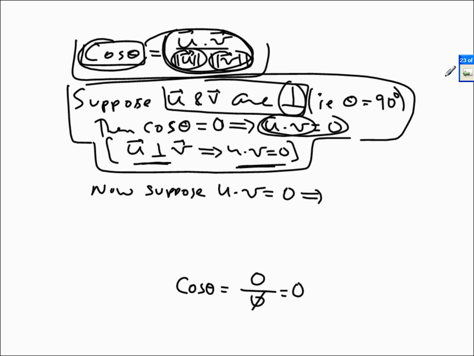So the cosine of theta is 0. The theta is the angle between the two vectors. The cosine of the angle is 0. Well, that implies that theta is 90 degrees, which implies u and v are perpendicular.